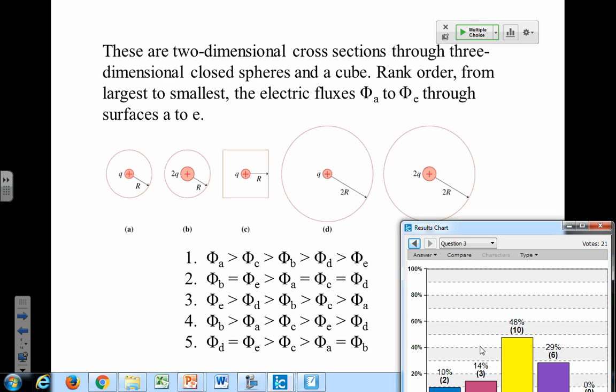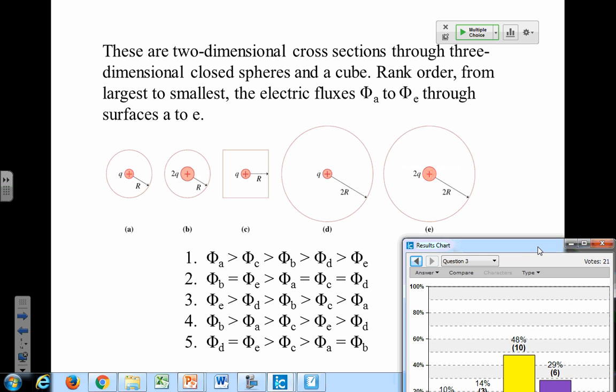Look, you can return back to Gauss's law. Gauss's law just says that the flux is equal to Q enclosed over epsilon naught. And so the flux is directly proportional to the enclosed charge, regardless of your Gaussian surface.